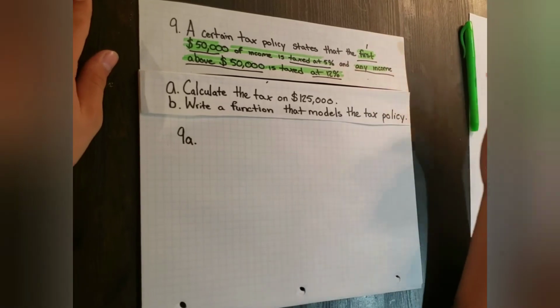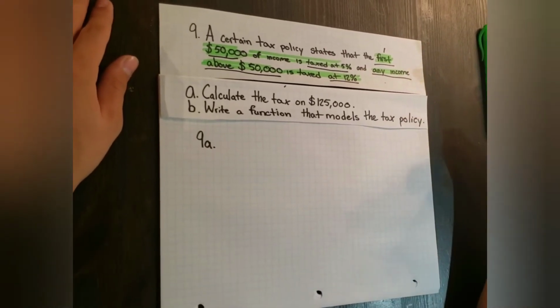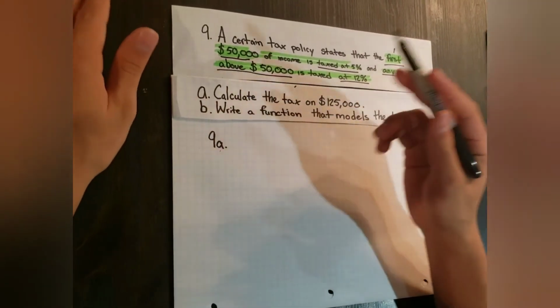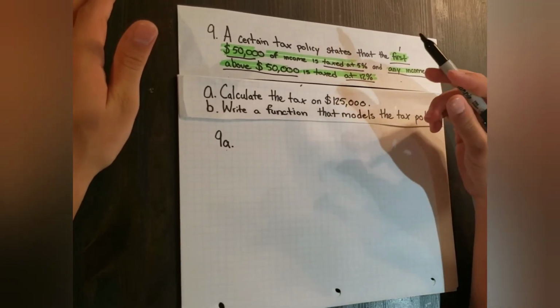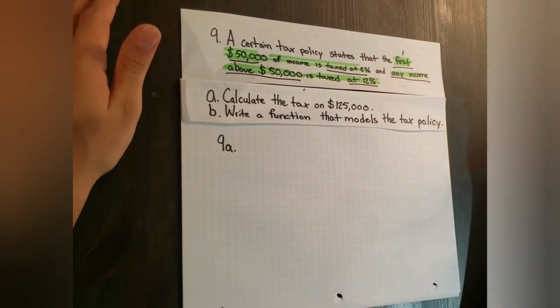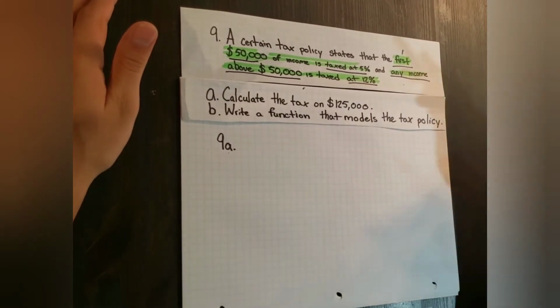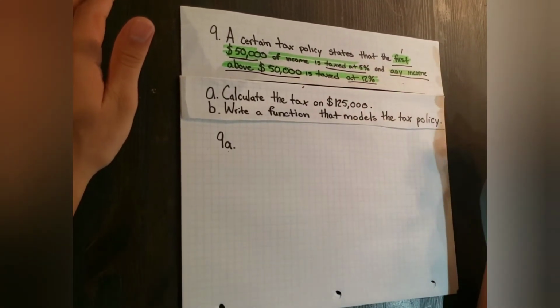Alright, now that we've done part B of 9, we're going to do 9A. Calculate the tax on $125,000. Now that we've got both our equations, we can apply those to question A to solve.